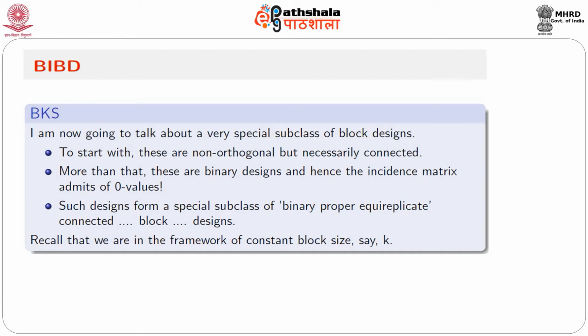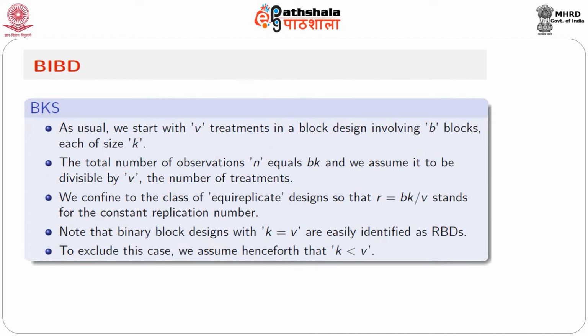Such designs form a special subclass of binary proper equireplicate connected block designs. Let us try to understand: binary because it is 0 or 1, proper because we take all the block sizes to be equal, equireplicate because we even take the treatment replications to be equal, and we want to make it a connected design. So, we now study a subclass of binary proper equireplicate connected block designs.